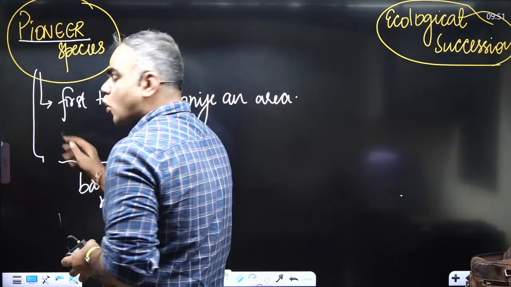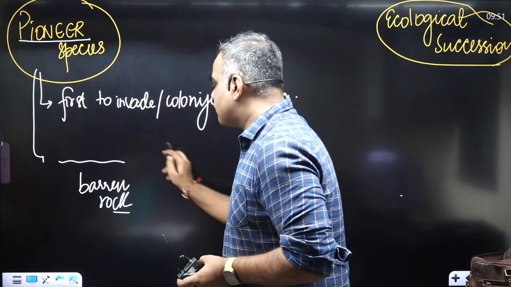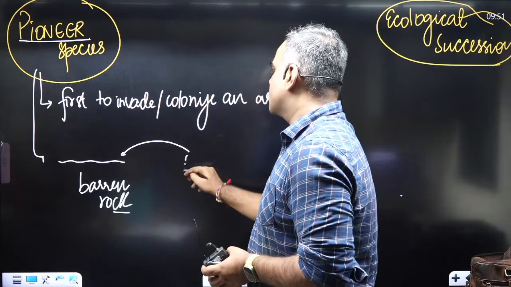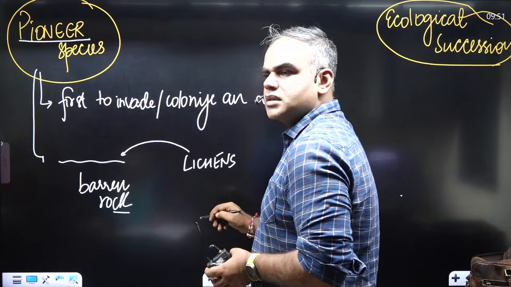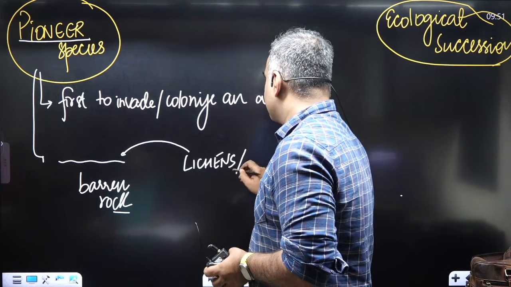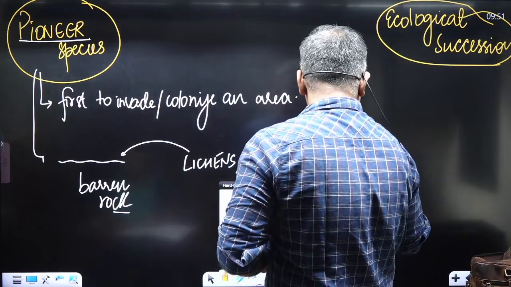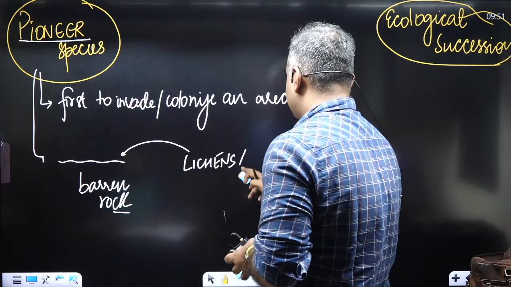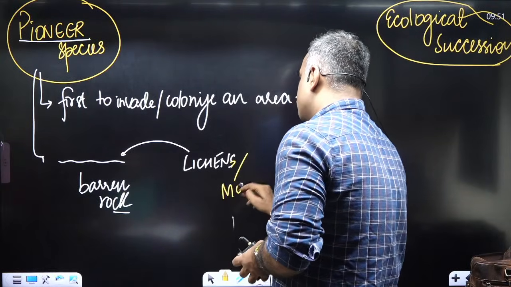Barren means there is no soil here. Because soil formation will also take some time. The first to invade this, you can have examples like lichens. And after lichens, for now write lichens. If you want to write something more with it, then afterwards write mosses.